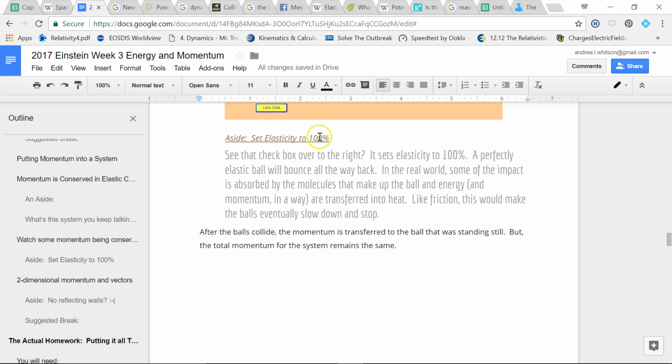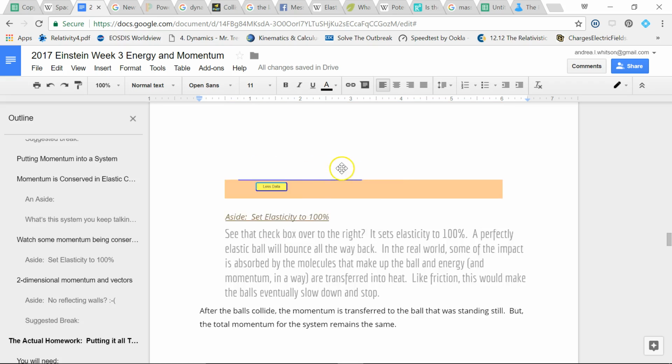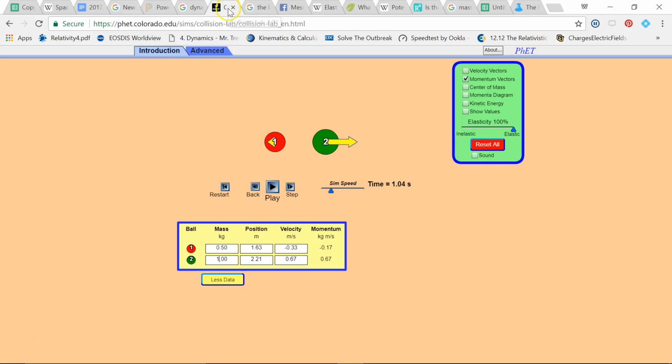Let's talk about setting elasticity to 100%. Notice when I did this, elasticity is at 100%. Elastic means it's going to bounce back. It's not going to absorb any energy in its material. When you bounce a rubber ball, it deforms, and when it deforms, some of the energy of your bounce is lost to heat.